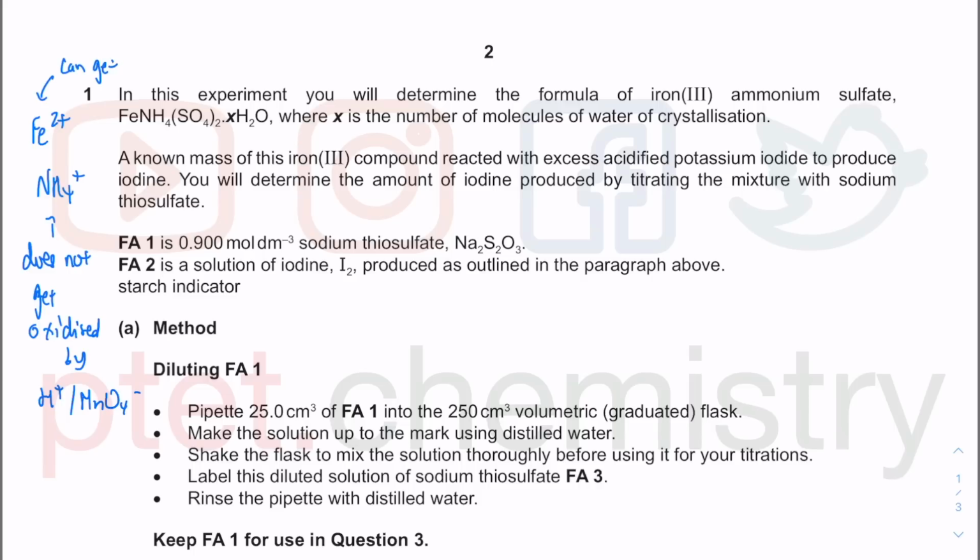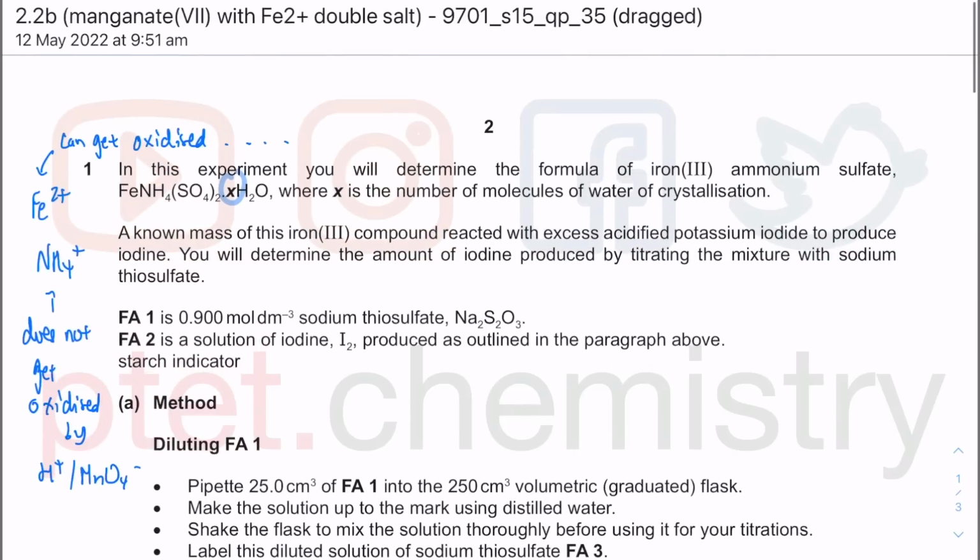So in this mixture of double salt, only the iron 2 plus gets oxidized, and you should be able to work out the Mr and take away the Mr and then divide the difference by 18 to work out how many x you have there. So this is for summer 2015, June 2015, question paper 3.5. You can play around with that.